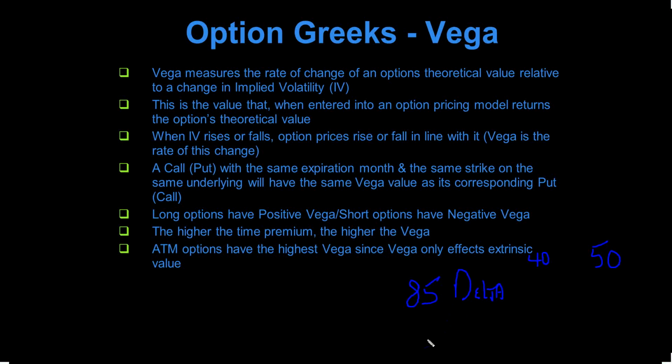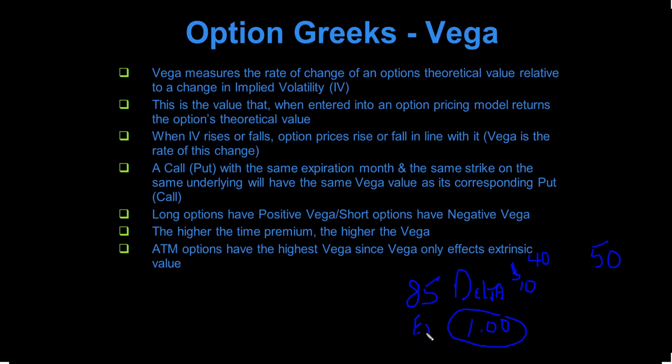Now the other part of my option value, let's say it's only got $1 of time decay left. Now I've got $10 of intrinsic value and $1 of extrinsic value.